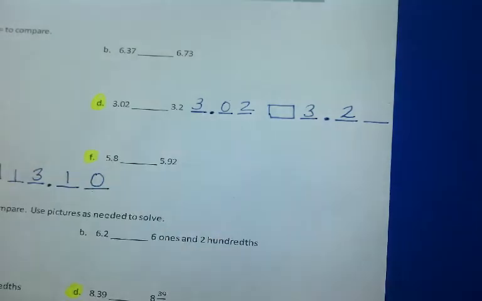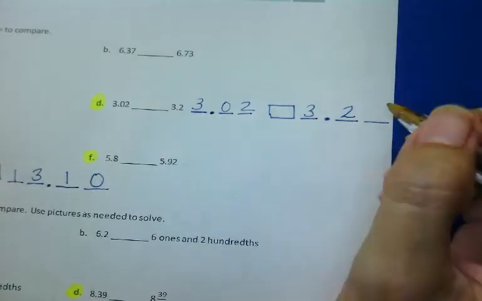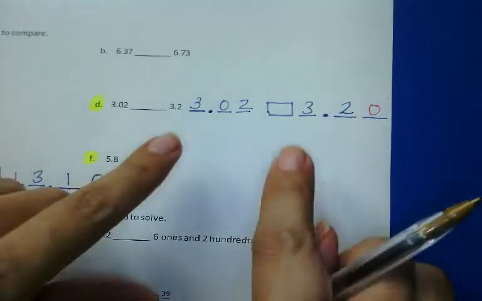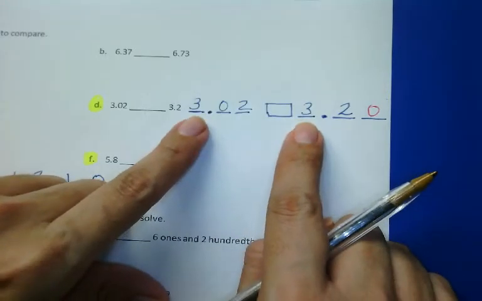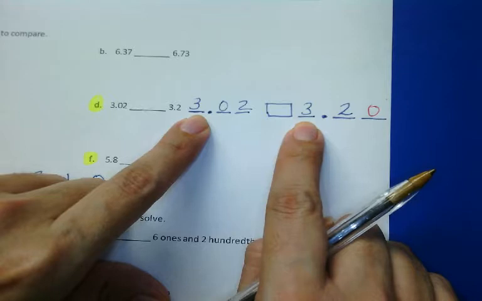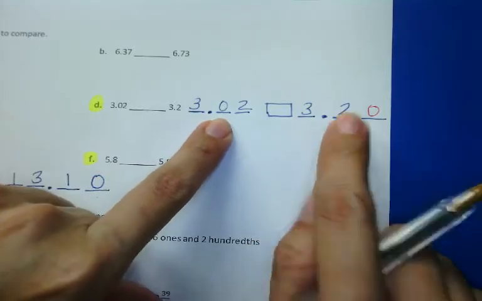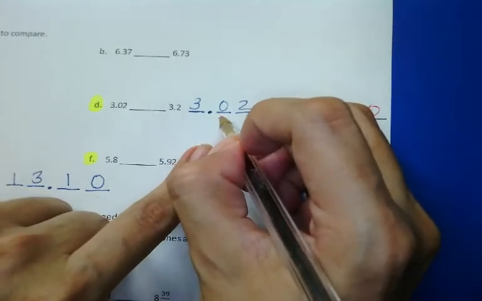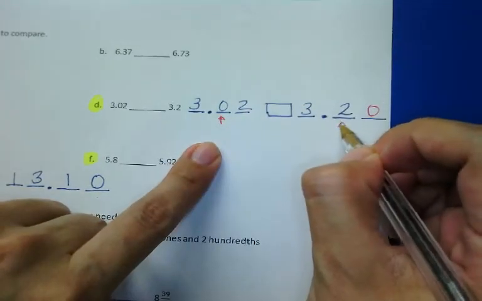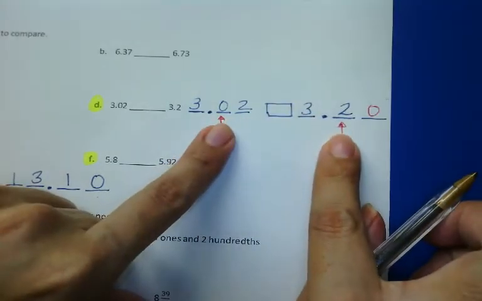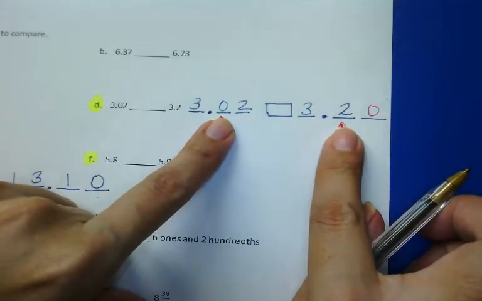Do I have any hundredths? I have 0 hundredths. So notice how the ones place is the same, have the same value, but look at the tenths place. Look at the tenths place here, and look at the tenths place here. Which one has a greater value, the 0 or the 2?